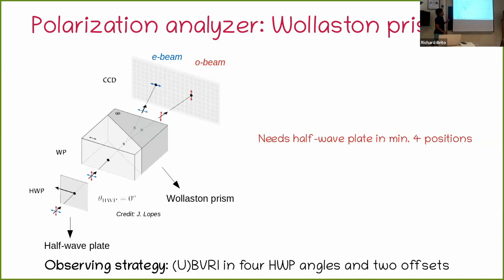But since you need more than just 2 for obtaining all the Stokes parameters, we also put a half-wave plate that we can rotate to rotate the polarization states. And we rotate it in four directions in order to get the polarization vector, so the Q and U parameters of the linear polarization.